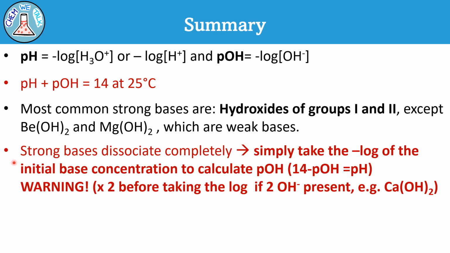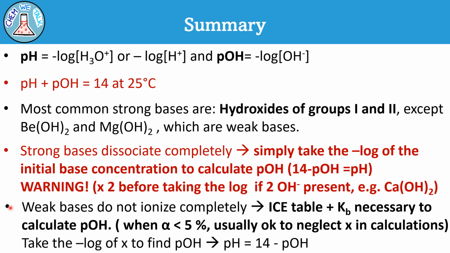To calculate the pH of strong bases, we simply take the negative log of the initial base concentration to calculate pOH, and you can do 14 minus pOH to find pH. Just be careful, some strong bases from group 2, such as calcium, strontium, or barium hydroxide, have 2 OH minus per base, so we need to multiply the concentration by 2 before taking the negative log.